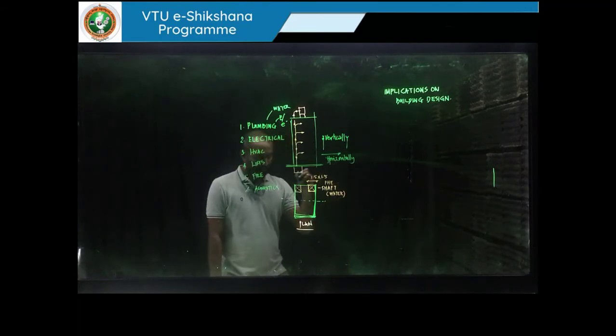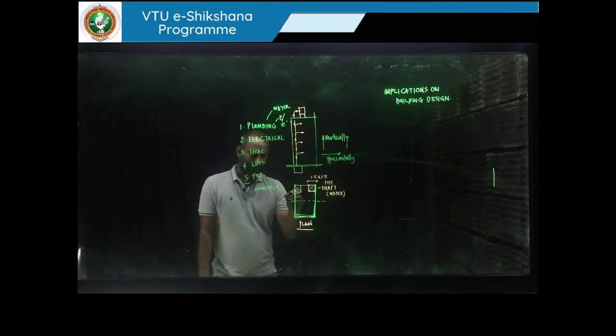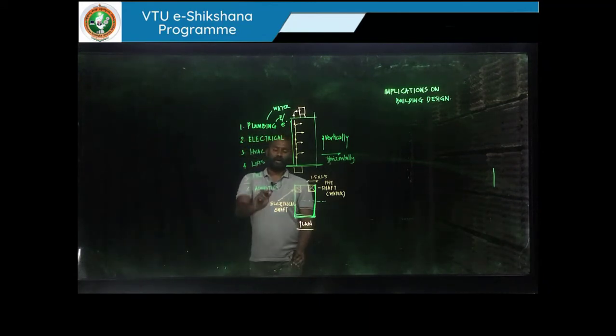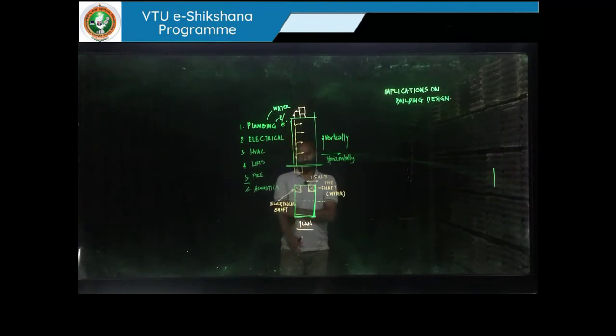You're free to have another shaft, which you call the electrical shaft, which is just going to take care of all your electrical requirements.